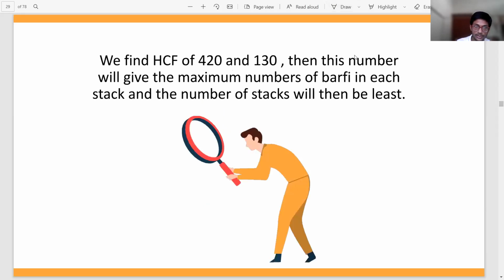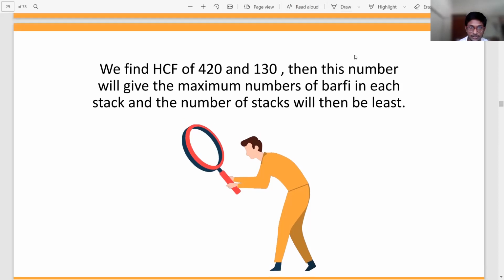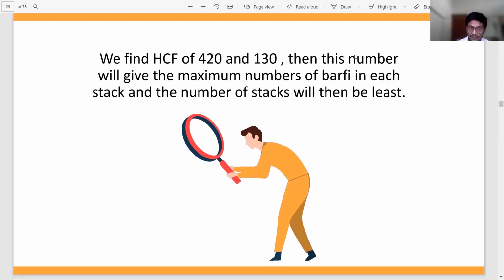Okay, so here we'll see. After finding the HCF, the number will give the maximum number of burfi in each stack, and the number of stacks will then be the least. Got it? The maximum number of burfi in each stack will be calculated using the HCF.